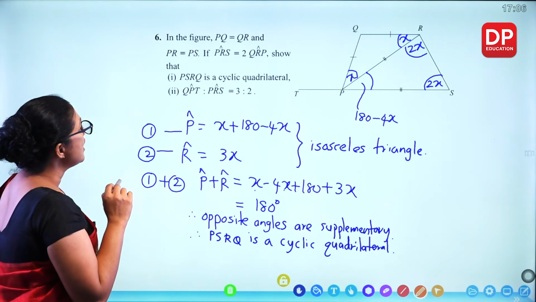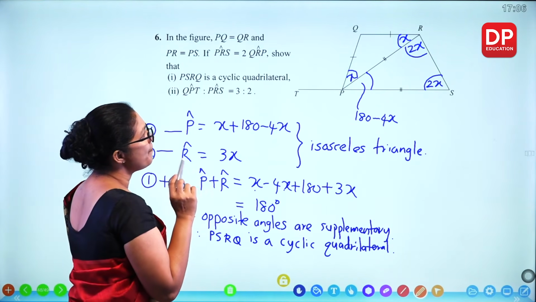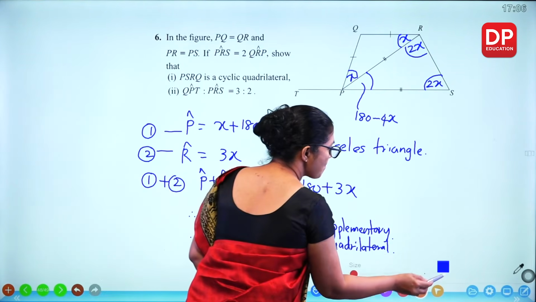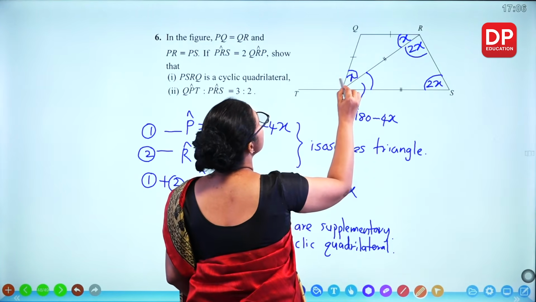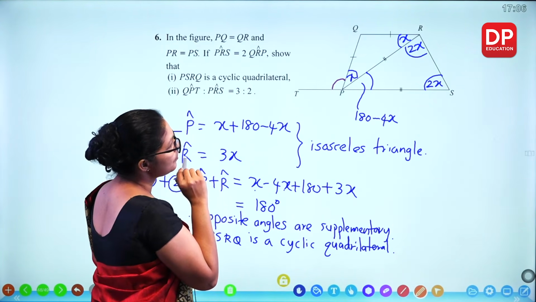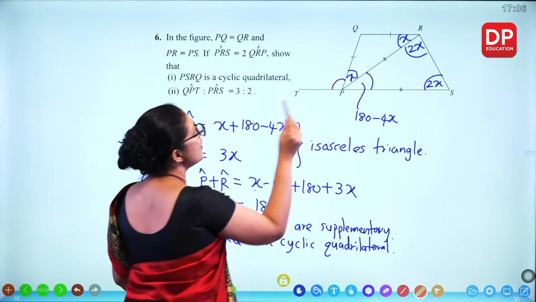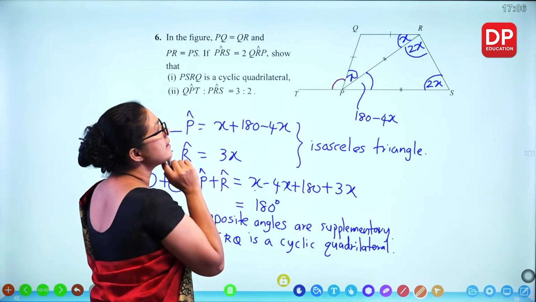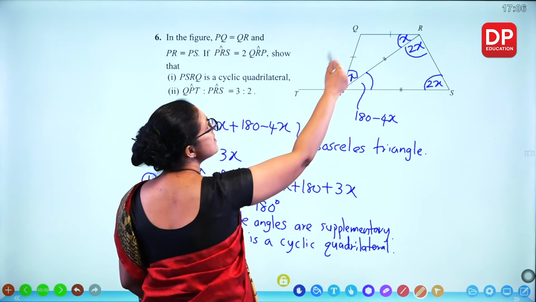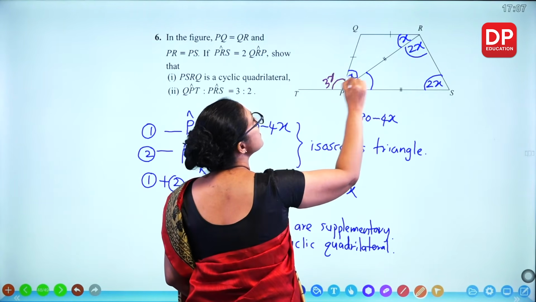Second part, QPT. This angle to PRS. PRS is 2x. Now what is this angle? If this is a cyclic quadrilateral, this becomes 3x.